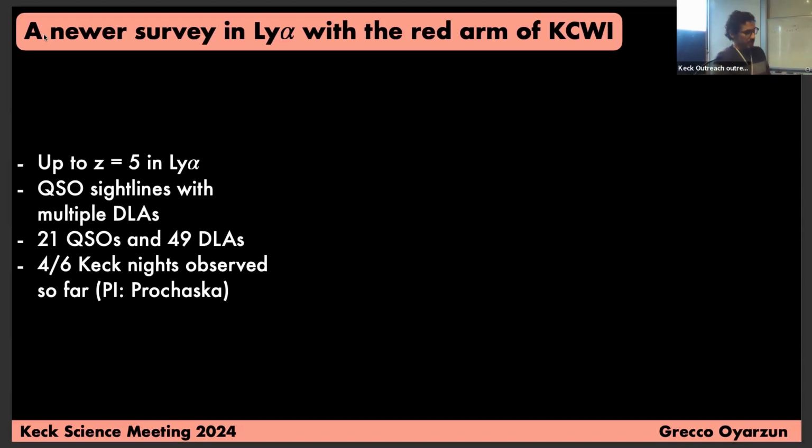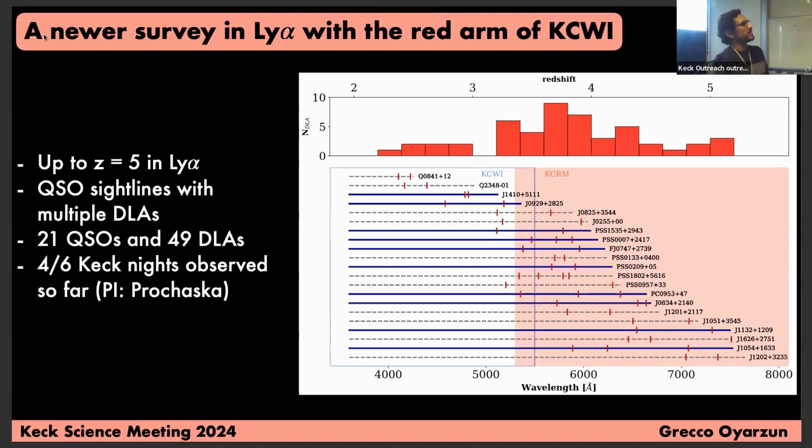So this survey is actually targeting 21 quasar sightlines that are outlined here. These are all the different quasars, and the x-axis shows wavelength, that contain multiple DLAs each. So by targeting 21 quasar sightlines, we can attempt to detect Lyman alpha emission around 49 DLAs in total.